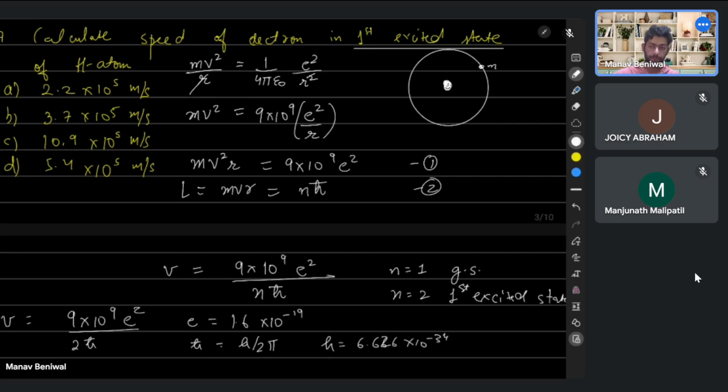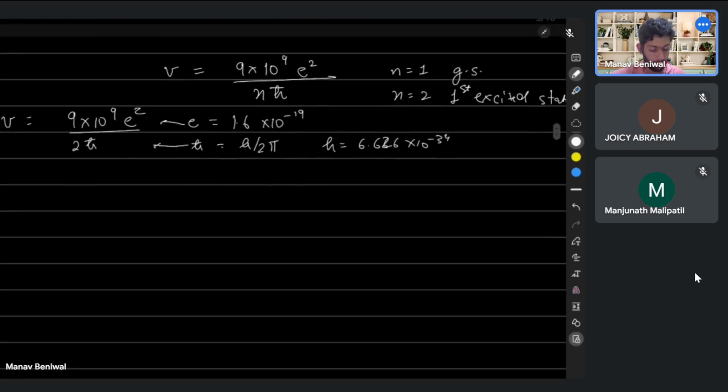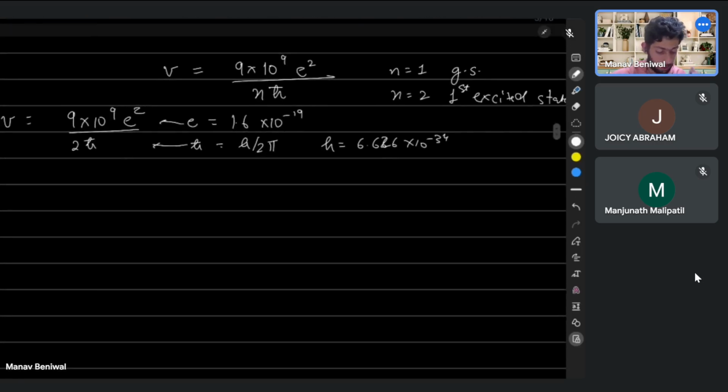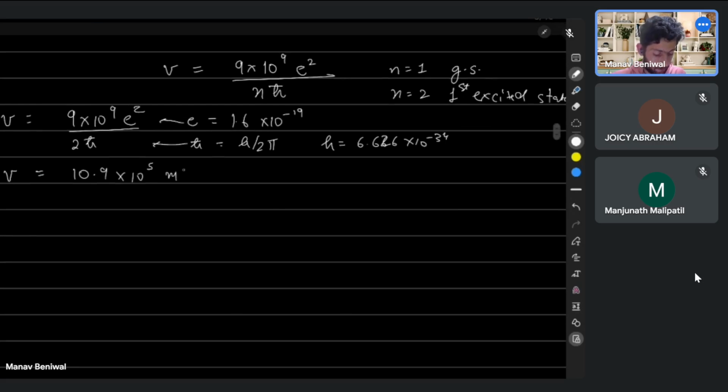So we can plug in both the values of e and h cut in this equation, and what we will get is v as 10.9 times 10 to the power 5 meters per second.